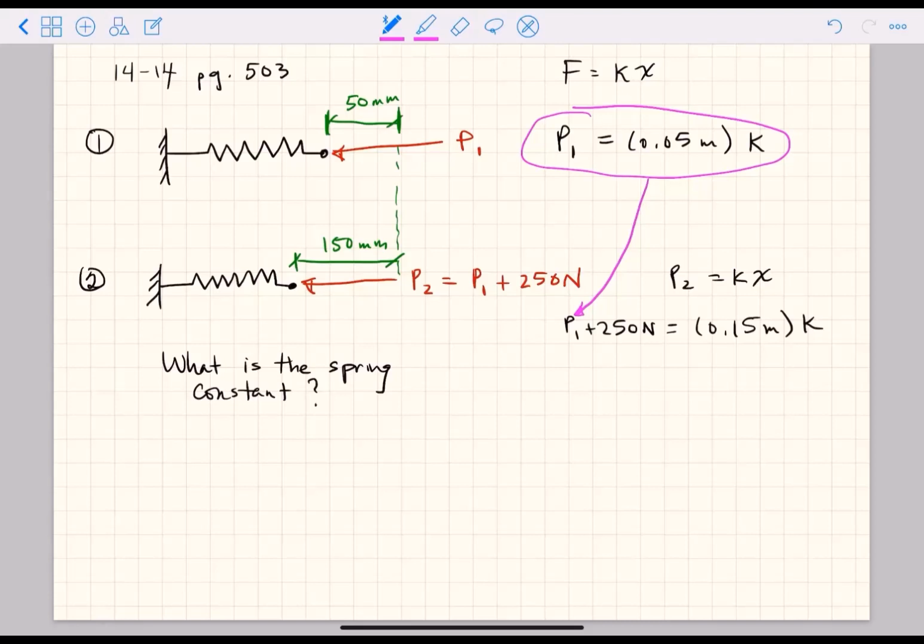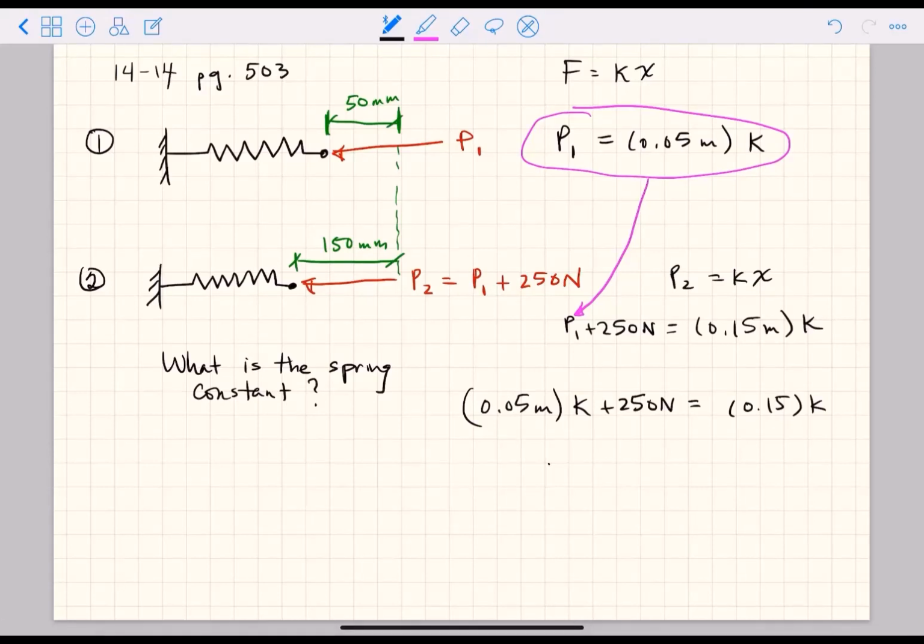And if we do that, we should be able to solve this problem. So I'm going to take that 0.05 meters times K plus 250 newtons equal to 0.15 times K. So I'm going to have to collect my 2 Ks, put them on the same side, and then solve.